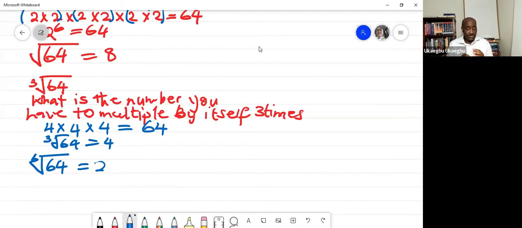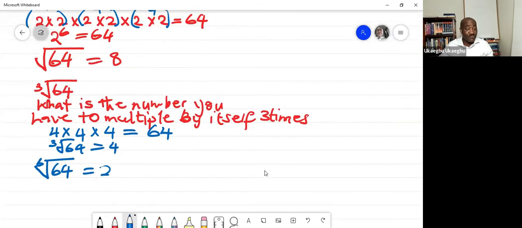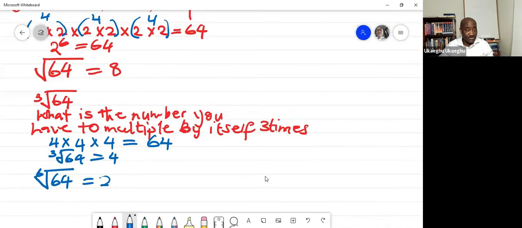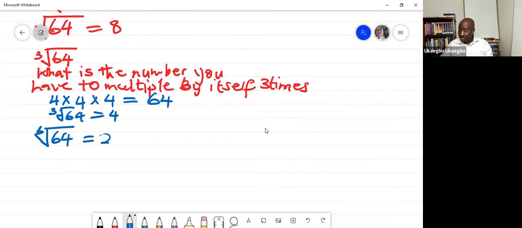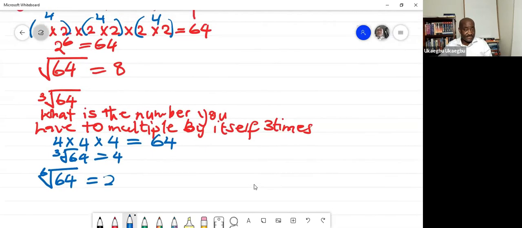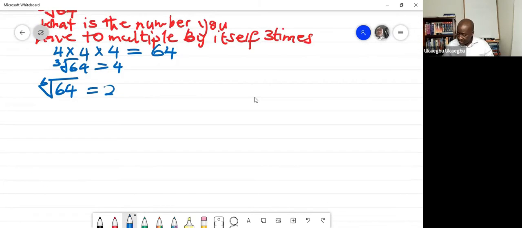All right. So having said that, let us examine different ways of writing the same number we just wrote. Instead of writing square root of 4, we can as well write square root of 2 raised to power 2. Is that correct?